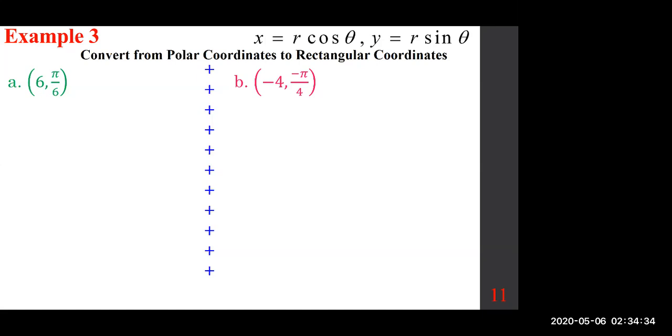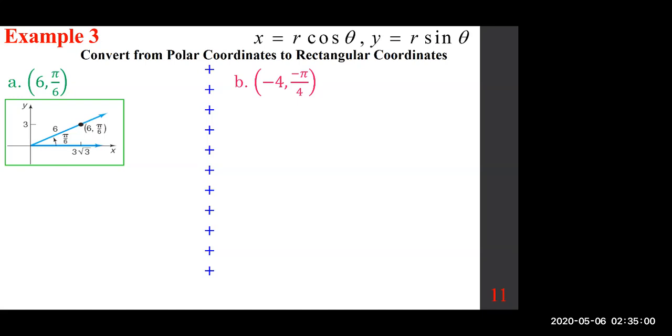Well, x is simply r cosine theta. y is r sine theta. Okay. This is the graph. Everybody can plot the pair. That's why I said, if you want to use the pair and actually use the rectangular coordinate and the polar coordinate system combined, that's fine.